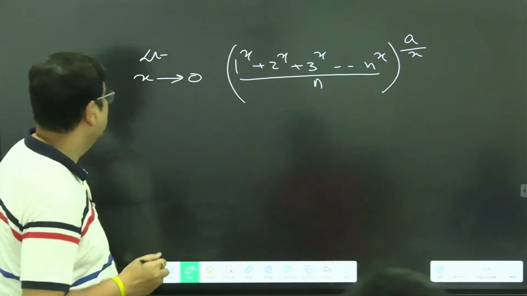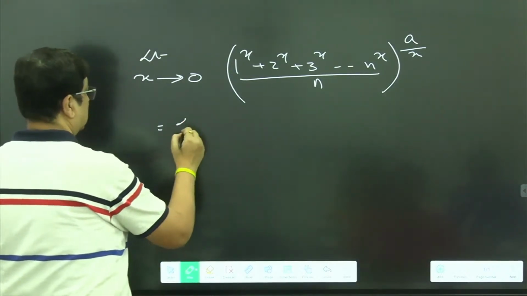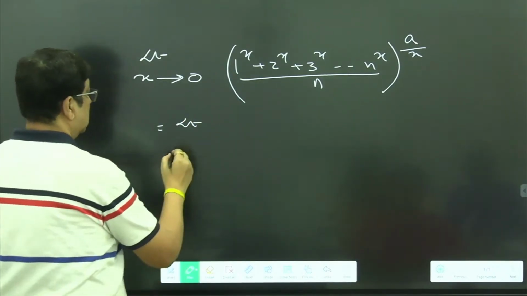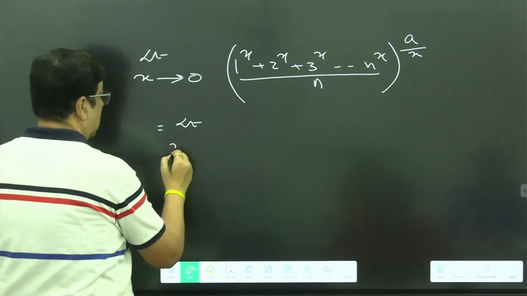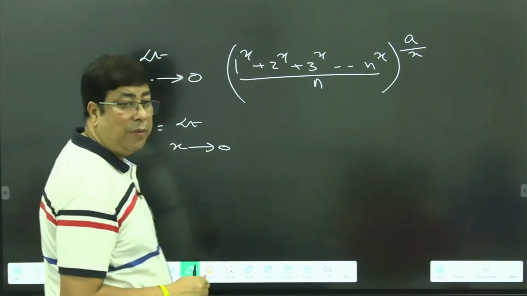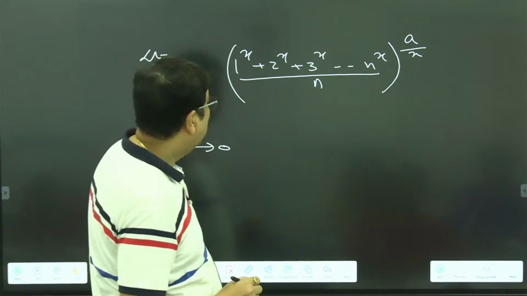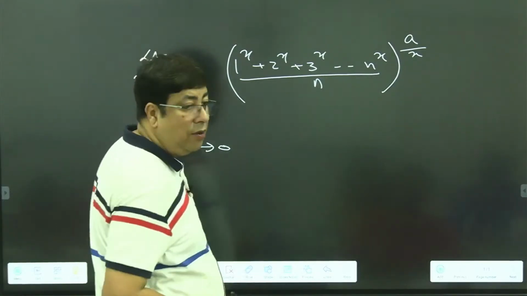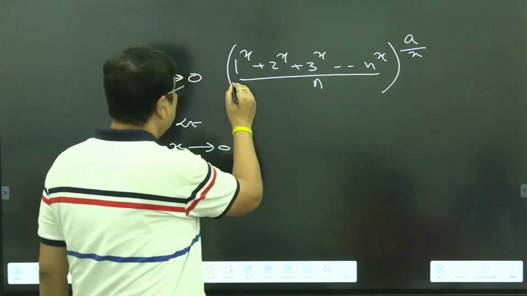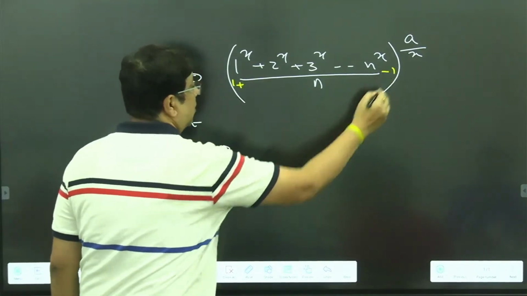See everybody, I am solving the sum. First of all, it is in the form of 1 to the power infinity, so I am adding 1 and balancing 1.